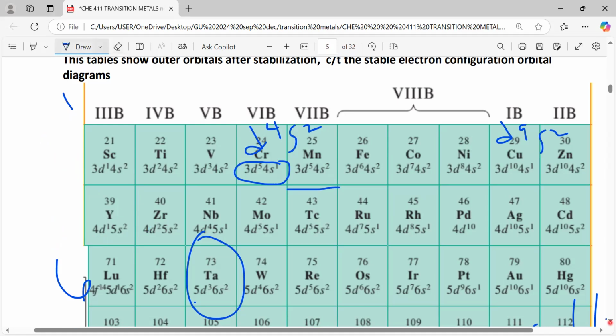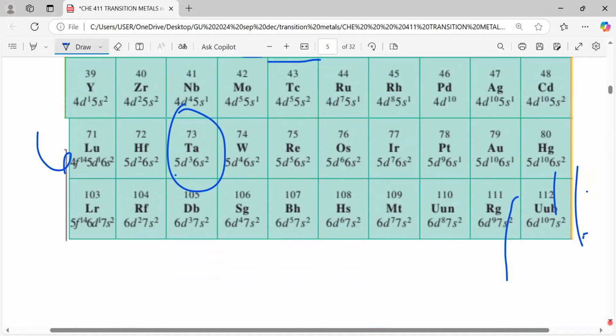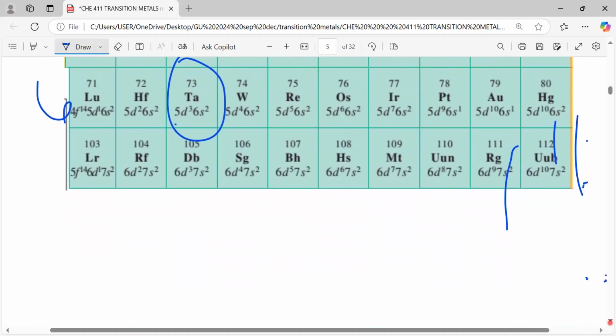So that is period 6. So the D becomes what? N minus 1 D, which is 5, then NS, and so on. So not a big deal there. It's just a repetition of what I've already spoken about.